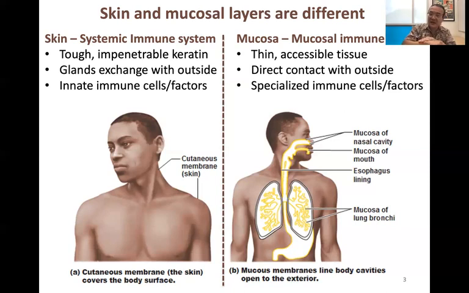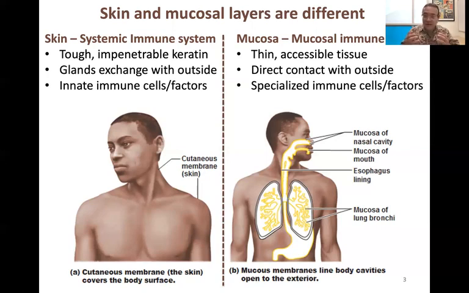We said that underneath your tough, impenetrable keratin layer, you have your living cells, the keratinocytes, and then within that tissue, you have things like macrophages and dendritic cells, and also complement proteins that are in there. Okay.